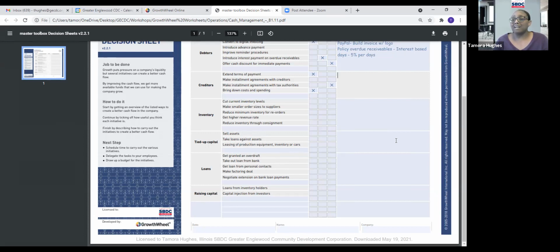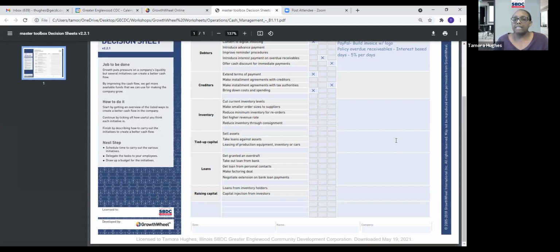Also, if you need a loan against your assets, you want to really look at those things to make sure that whatever profits and cash you think you're going to generate, you're able to replenish the assets, or that the assets are not hindering you.